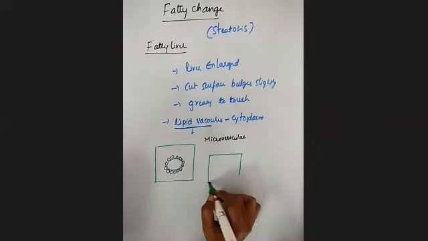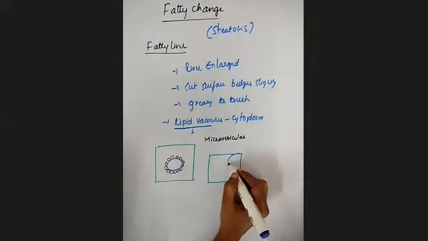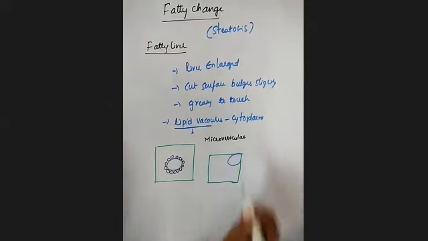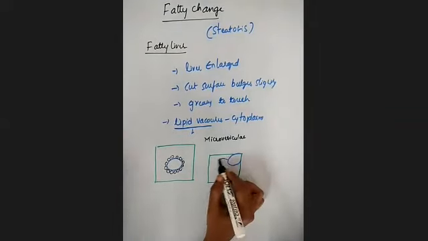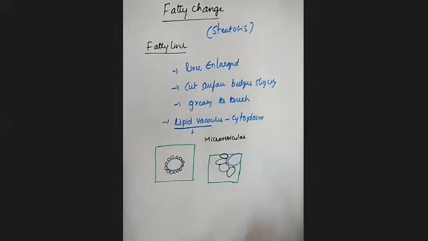And next, in the later stage, with progression, see, this is also one liver cell. Later on with progression, all these lipid vacuoles are going to push the nucleus, clear, to one corner of the cell. As the vacuoles increase in size, they push the nucleus towards one corner of the cell.